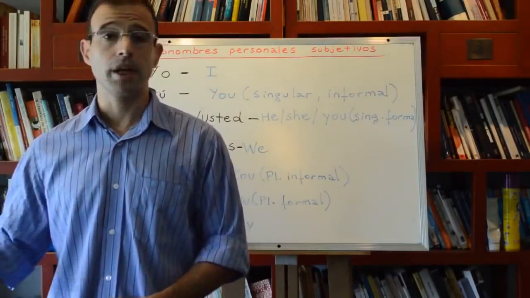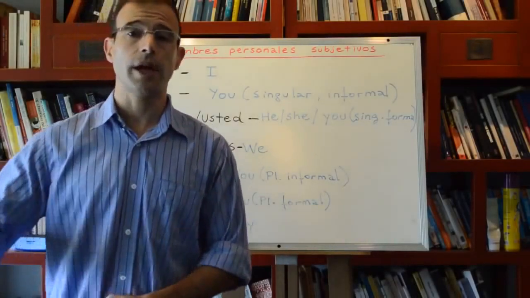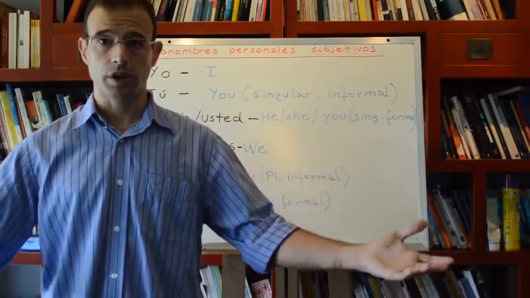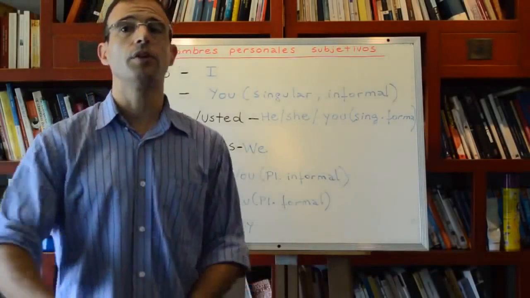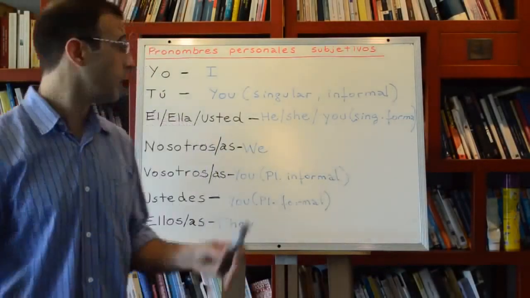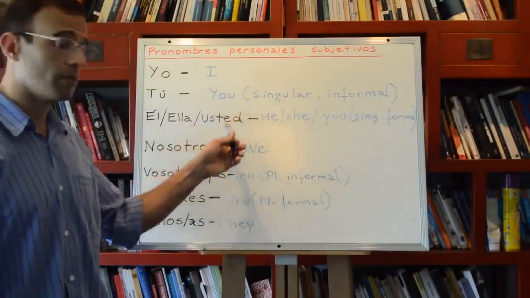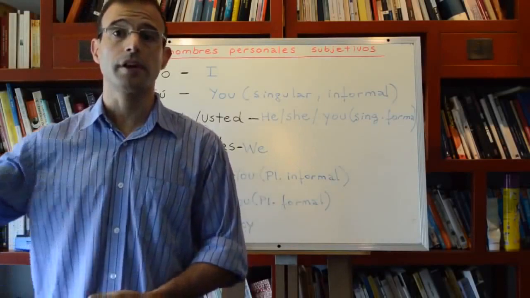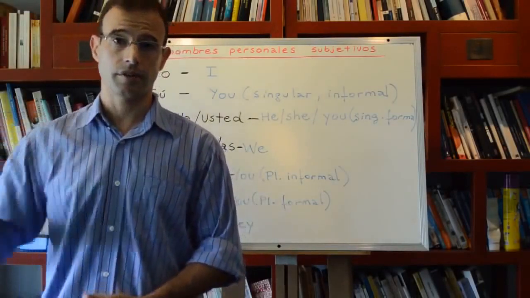If we go shopping and we will address the salesman, a salesperson, anybody that we are not acquainted with in the street or at a shop, okay, we will address those people formally, usted, okay? And also for people that are hierarchically higher than us, right?